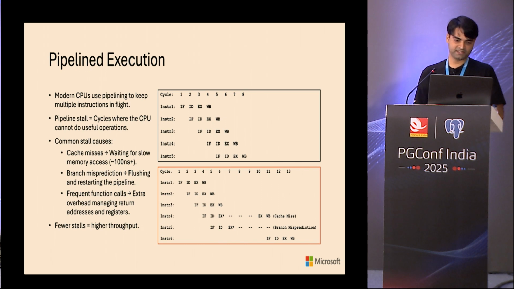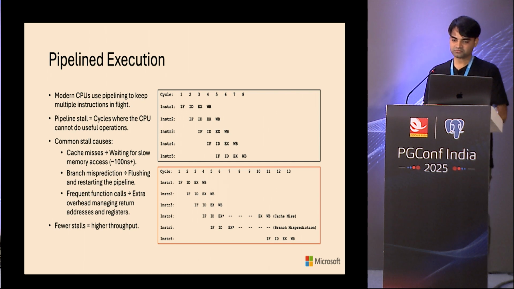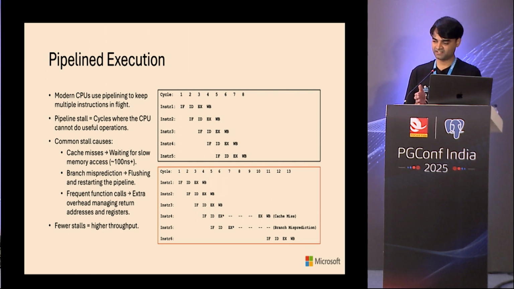And similarly for instructions, CPUs try to predict which instructions they will execute next to keep the pipeline full. And if that system stops working, if there are any mispredictions, then it has to wait and flush its pipeline.